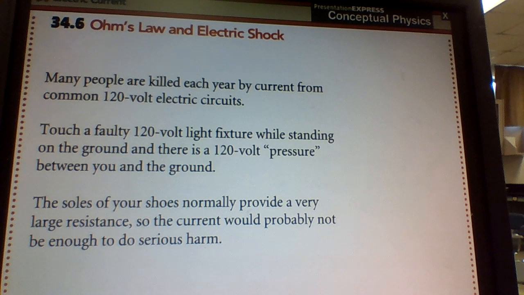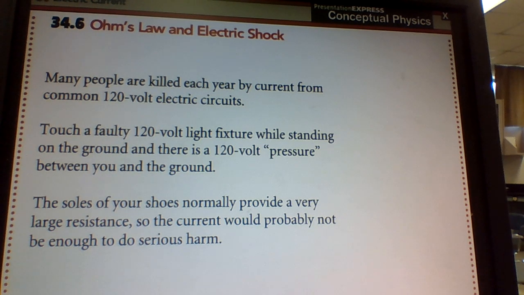So many people are killed every year by what I would refer to as being stupid, just by dealing with their simple 120 volt electric circuits at home. If you touch a faulty 120 volt light fixture or something like that, if you're dry, if you have a high resistance, it's not a big issue.